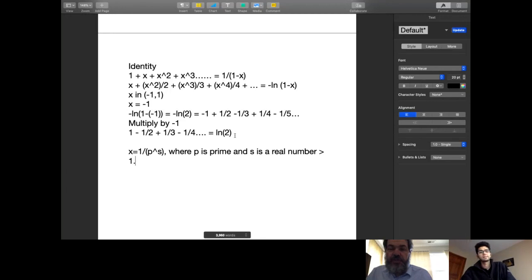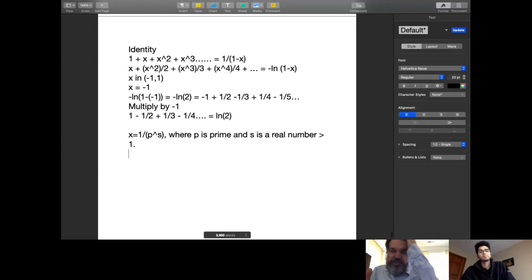Now, first of all, am I allowed to take such a value? You see, p is a prime, so p is larger than 1. It could be 2 or 3 or 5 and so on. p to the s is larger than p. So we can note this: 1 over p to the s is strictly less than 1 over p. Let's write it somewhere so we keep this in mind. 1 over p to the s is strictly less than 1 over p.